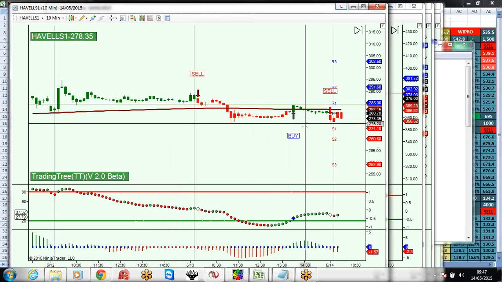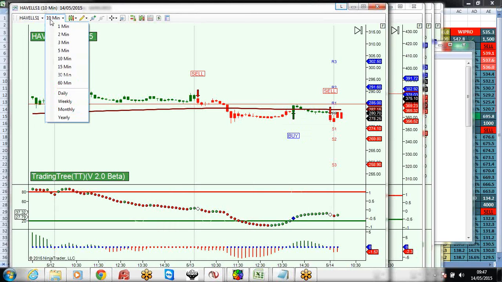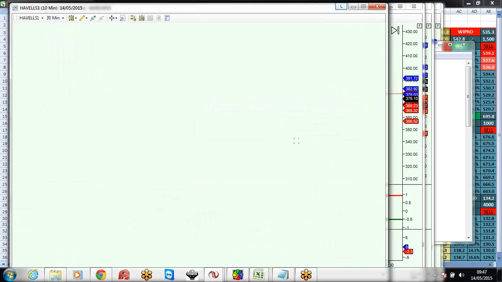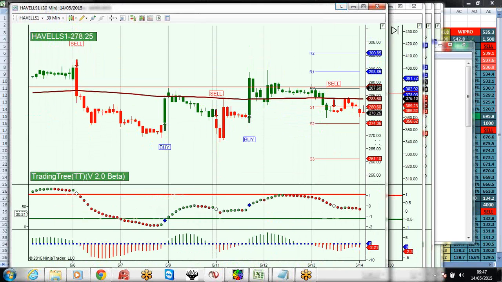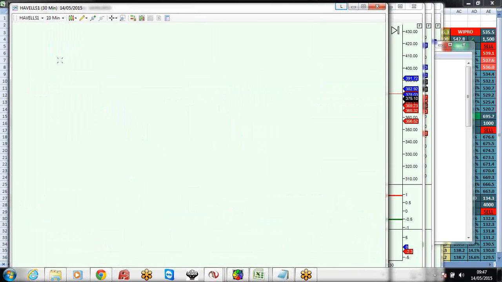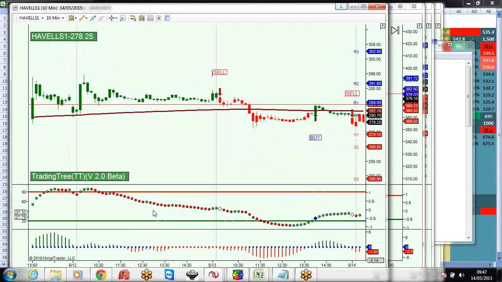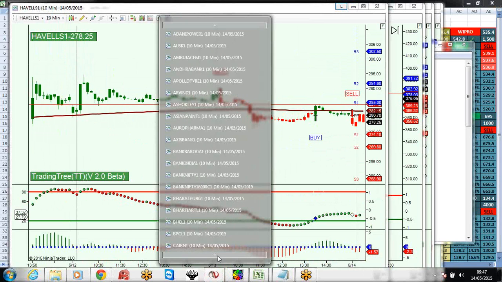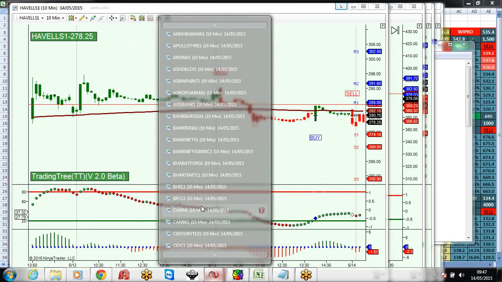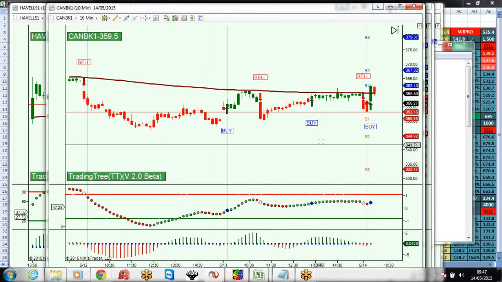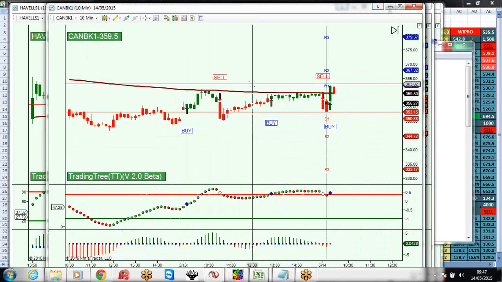Or else you can short it at this level, 275.90. Bank, you can buy above 363.